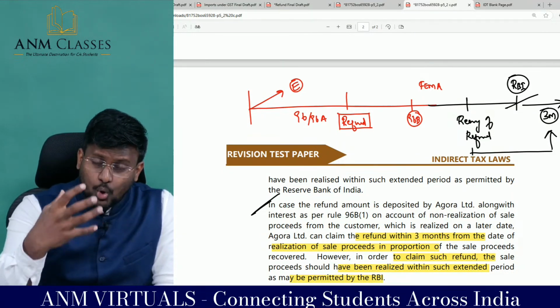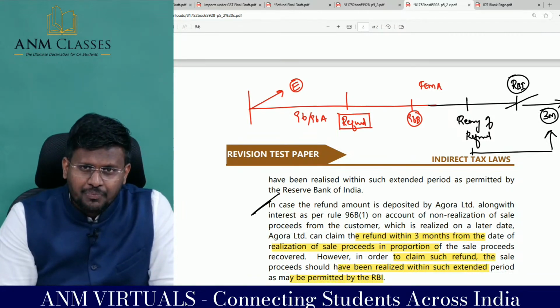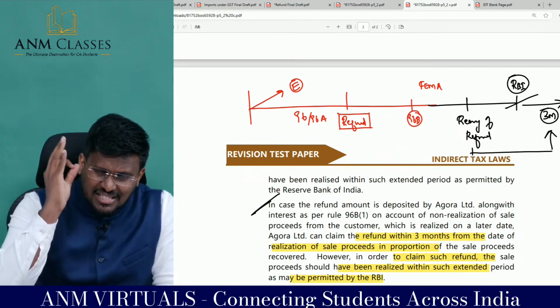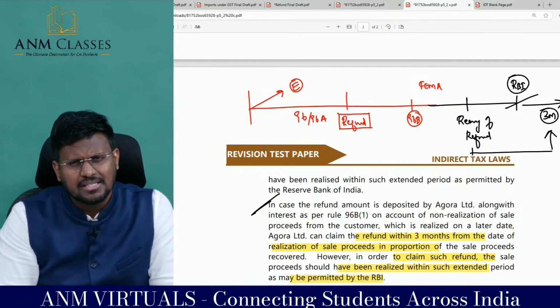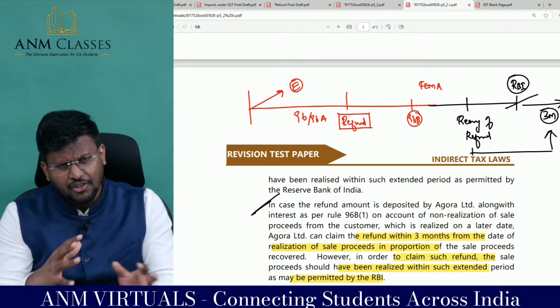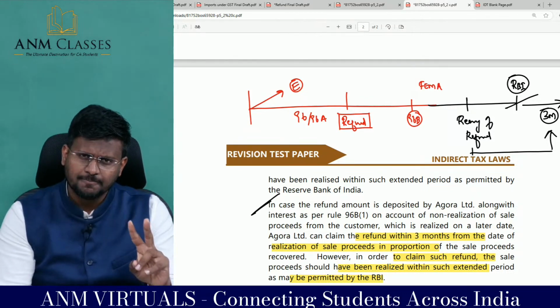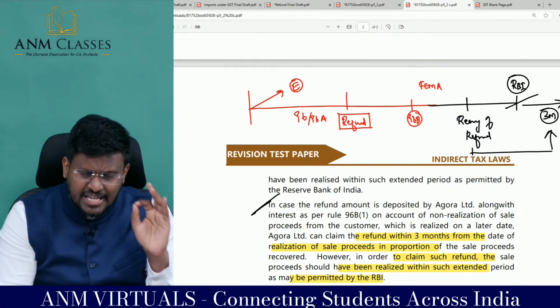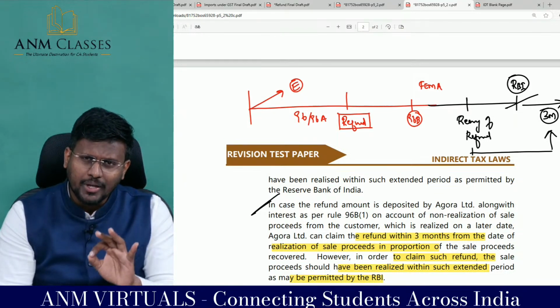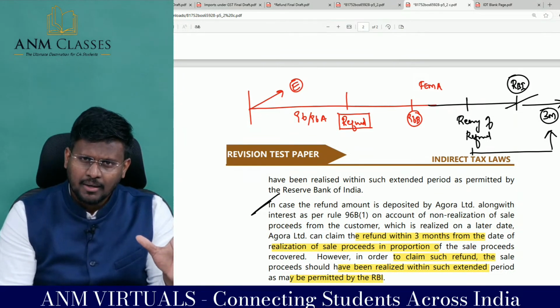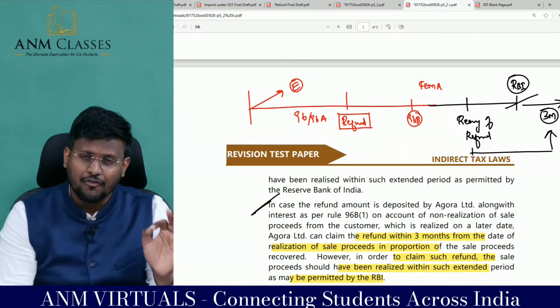So, like this, rule-based questions are also asked, and we still have the next 30 days. Effectively 30 days are there for your examination. There are only 2 options. You know, for any CS student, whether you are in foundation, inter or final, sir, all the organs are very important.